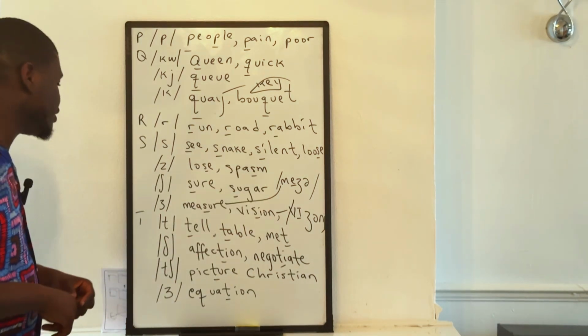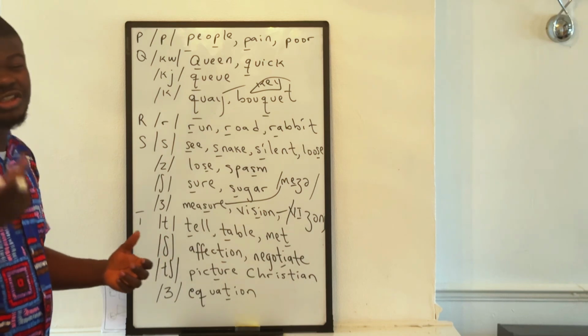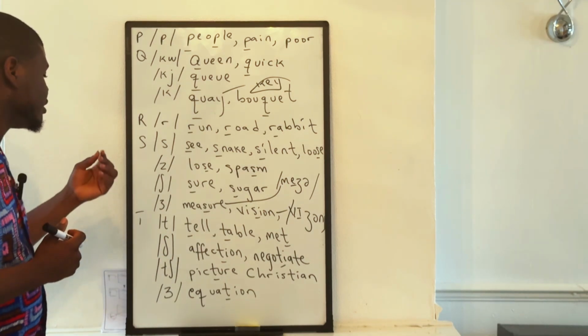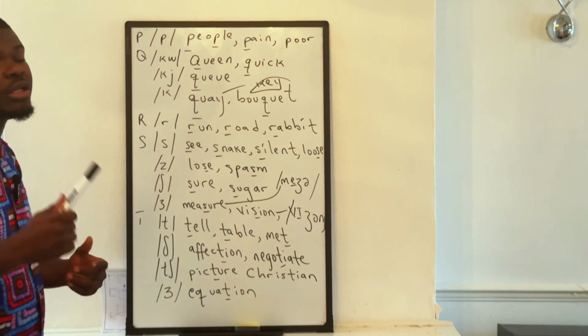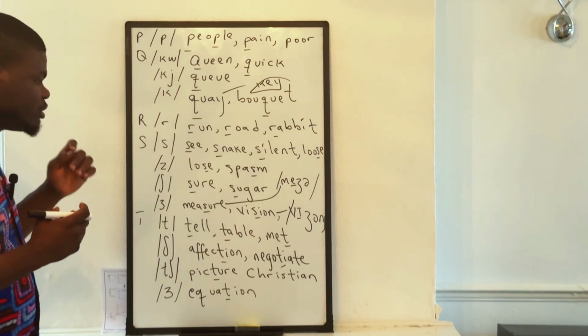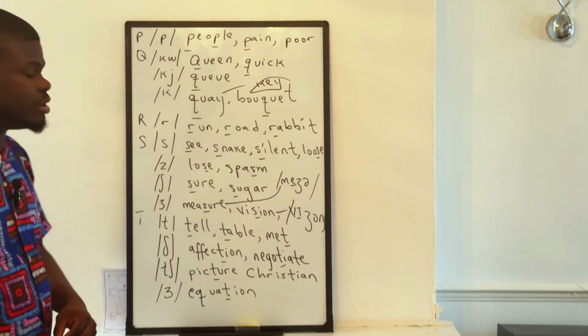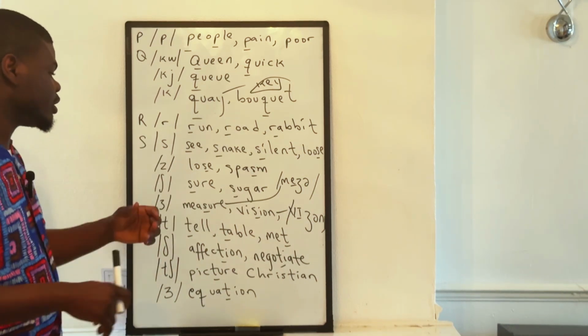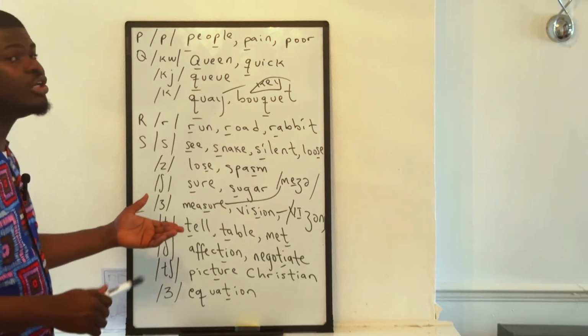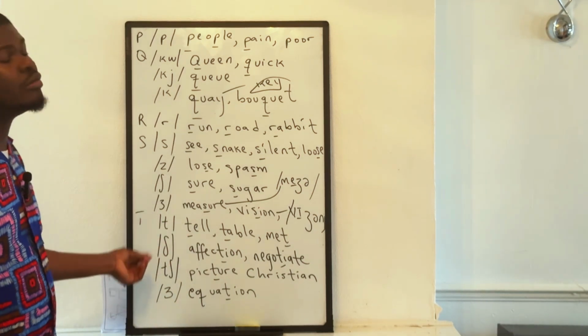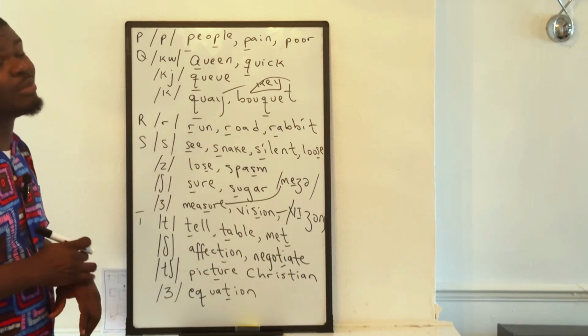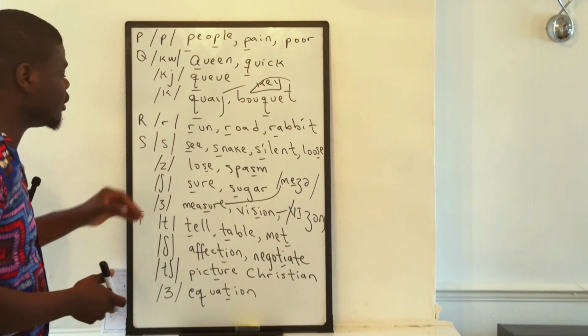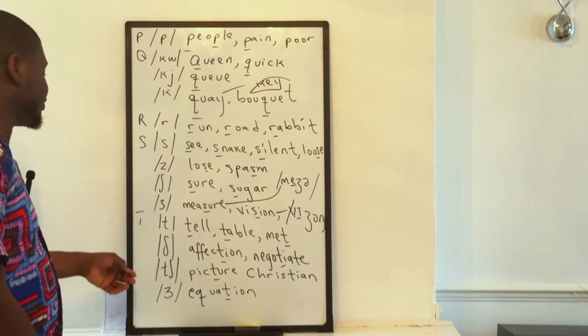Negotiate. The next is ch, like as though you're trying to sneeze. Ch, picture. So the word picture, ch, take note of that sound. And the word Christian. So the word picture, the word Christian, most times T-U-R-E should be pronounced as ch. There might be an exception that I probably have not found out, but right now, most times T-U-R-E should be pronounced as ch.